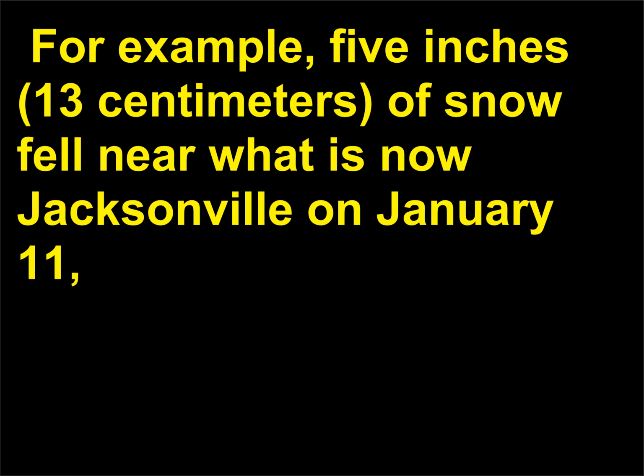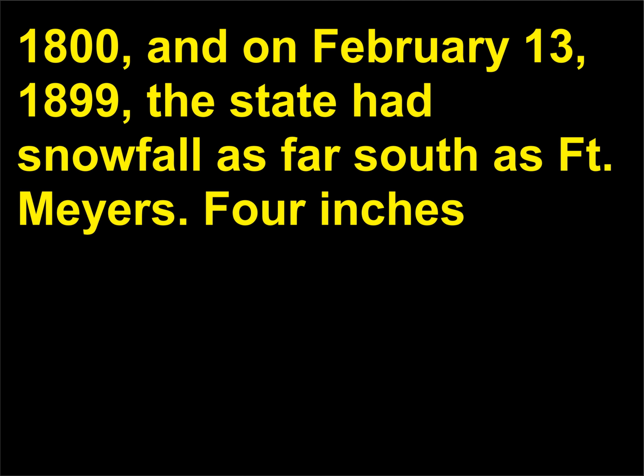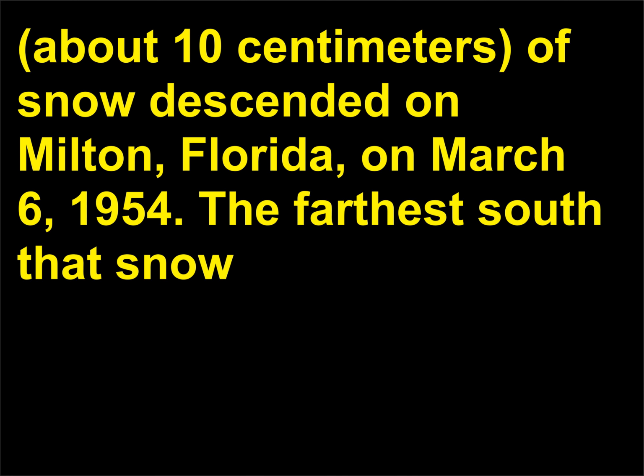For example, 5 inches, 13 centimeters, of snow fell near what is now Jacksonville on January 11, 1800, and on February 13, 1899, the state had snowfall as far south as Ft. Myers. 4 inches. About 10 centimeters, of snow descended on Milton, Florida, on March 6, 1954.